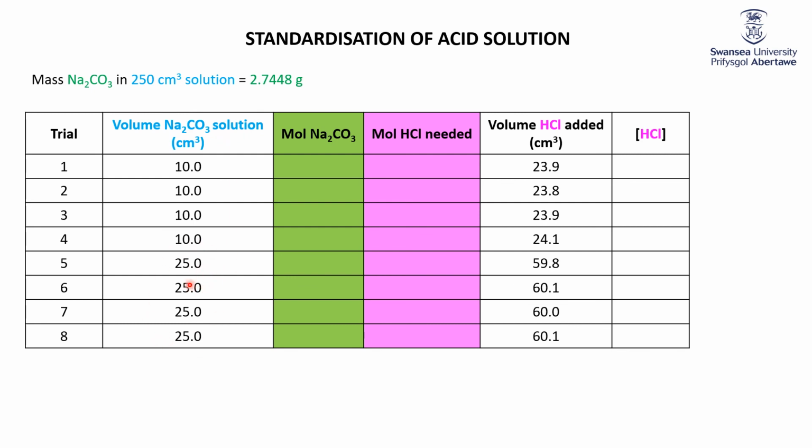The more of this I use, the bigger these numbers are. The bigger these numbers are, the less the inherent error in measurement has an effect, so it's always good to try and measure as large numbers as possible. So 25 cubic centimeters of sodium carbonate solution needed about 60, give or take, cubic centimeters of the HCl solution.